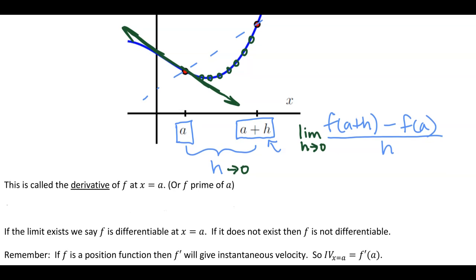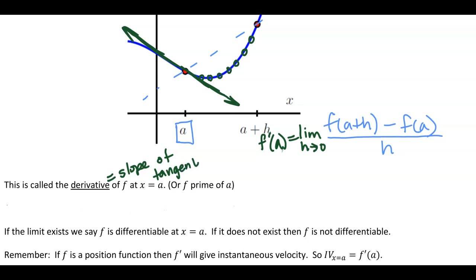That is called the derivative of f at x equals a. The shorthand for that is f prime of a, so f prime of a equals, and that is the definition of the derivative. Derivative means the exact same thing as slope of tangent line.